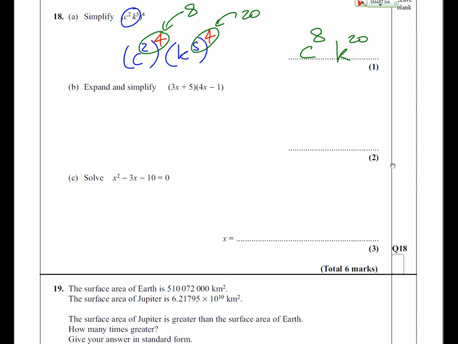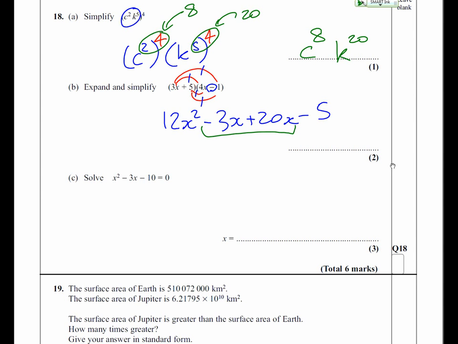Expand and simplify. This is your banana method. So 3x times 4x. 3 times 4 is 12. X times x is x squared. 3x times 1, 3x, and it's a minus, so minus 3x. 5 times 4x, 20x, and it's a plus. 5 times 1 is 5, but it's a minus times a plus, which is a minus.